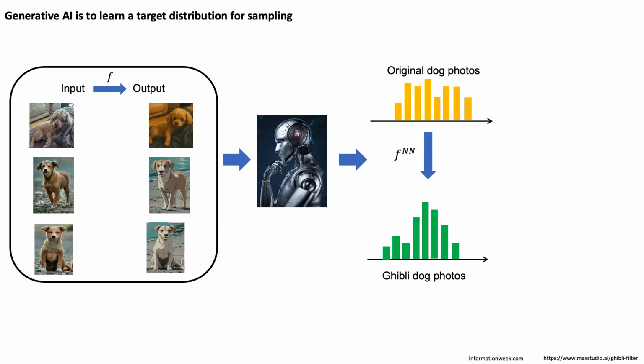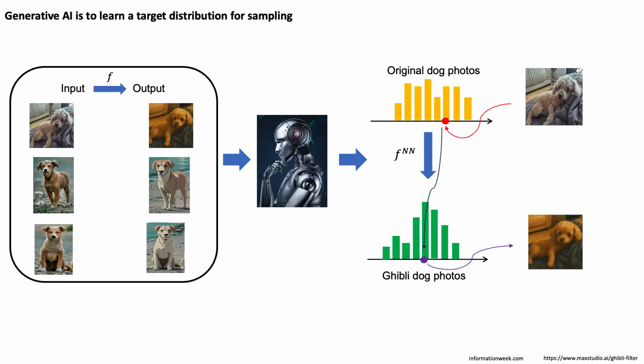The original input distribution is the real photos, and the output distribution is a distribution of animated photos. So you learn, in some sense, a map between these. After that, if you pick some specific sample, you go through this map to obtain its animated version. So this is a brief concept of generative AI.